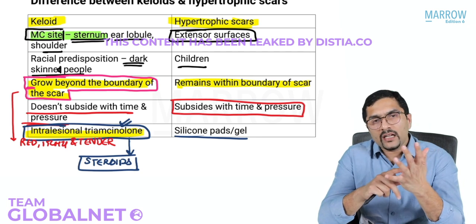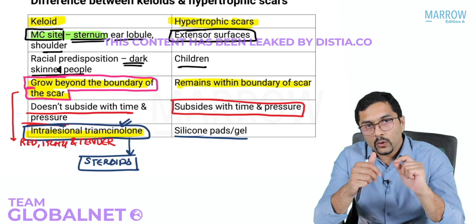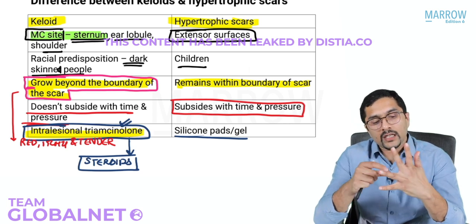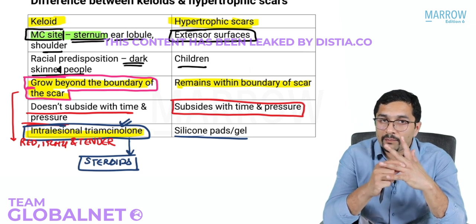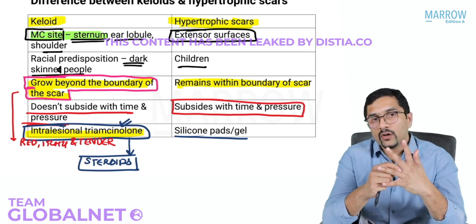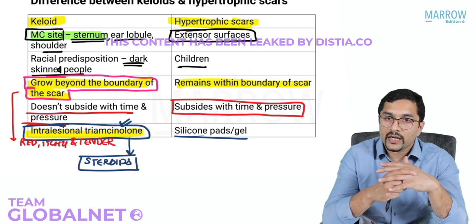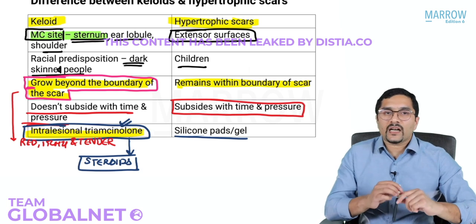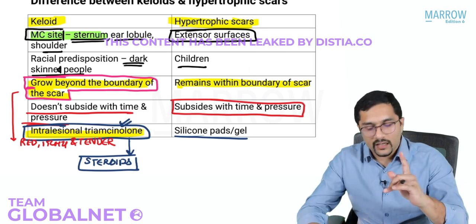It was very odd for me because I was having difficulty holding the pen, I was having difficulty holding the scalpel. So then she had prescribed silicone dressings or silicone pads to me, and with those silicone pads, when I applied it for a few weeks, the hypertrophic scar settled down, right? So hypertrophic scars will settle down with time and silicone pads and pressure, whereas keloids don't settle down at all.